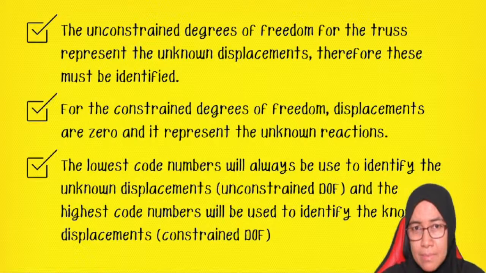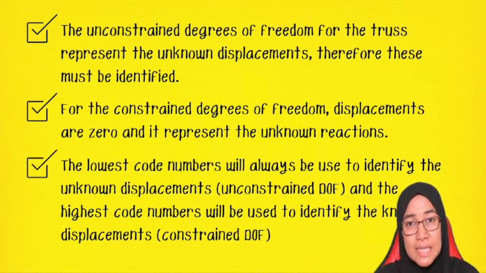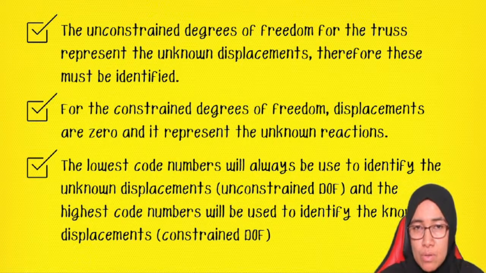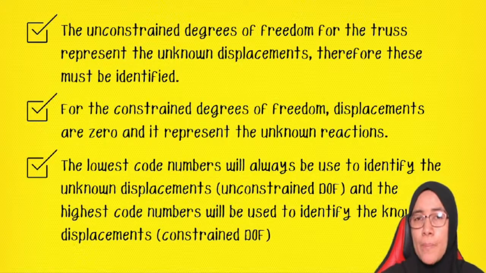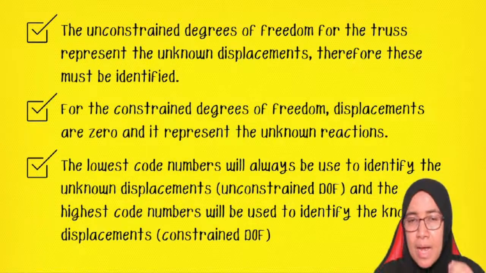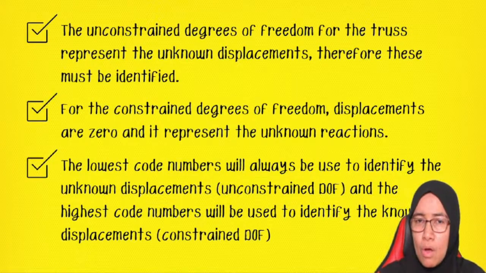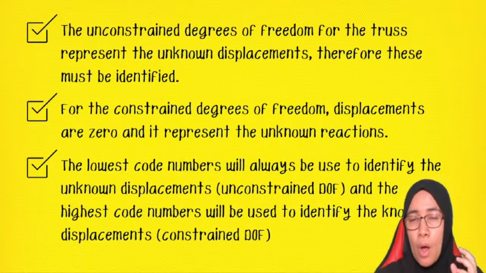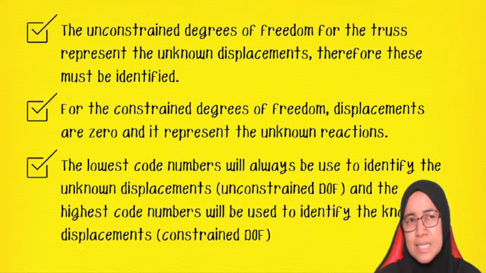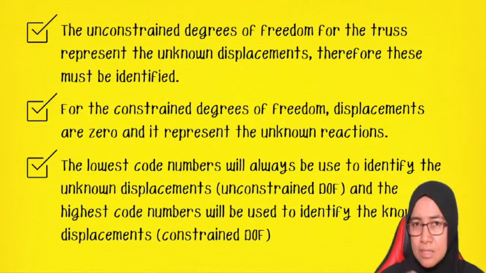Unconstrained versus constrained: for the constrained degree of freedom, displacements are 0 because the condition is always opposite. Opposite means unknown versus known. Known means 0 displacement.